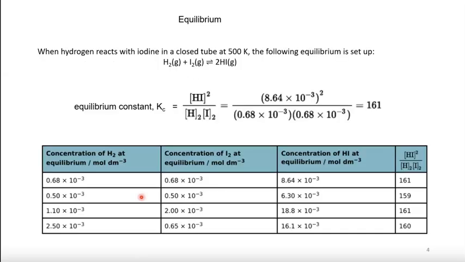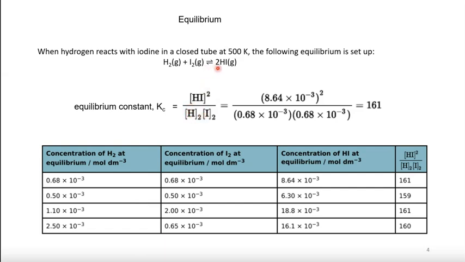Next, we talk about the equilibrium constant. What is the equilibrium constant? Here, hydrogen gas and iodine gas react together to form hydrogen iodide gas at a fixed temperature, 500 Kelvin. We define the equilibrium constant as the concentration of products divided by the concentration of the reactants.